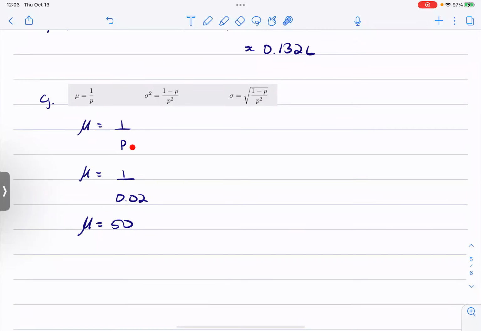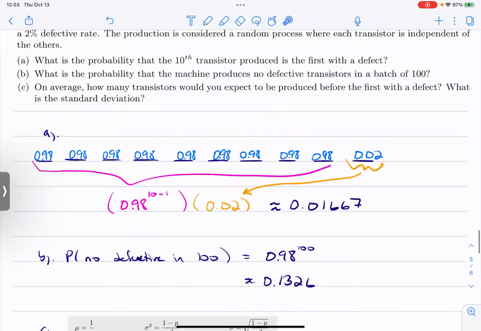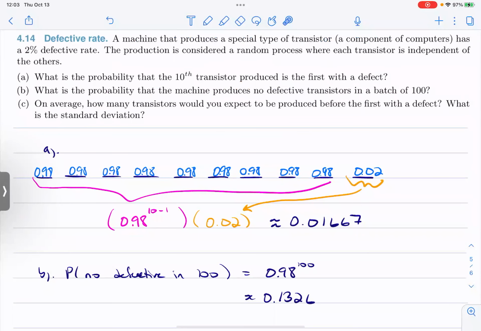Because p, the probability of success, is a defective one in this case. Yeah, the first with a defect, which means a defect is a success.